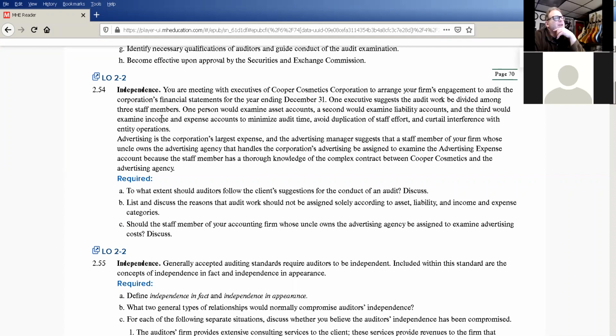Whether they're talking about income here, it is revenue. Sometimes you see them called income type accounts. Anyway, so revenues and expenses. So one person does assets, one person does liabilities, one person does the income statement stuff. Okay, so that's the first suggestion.